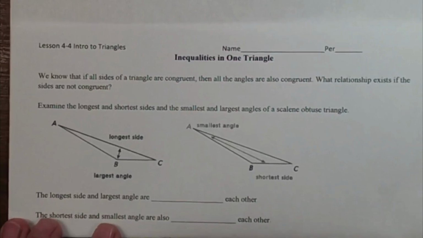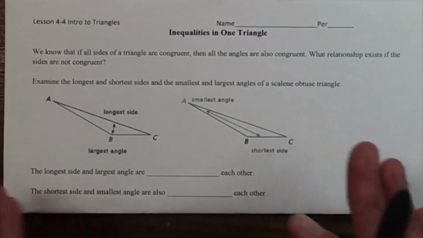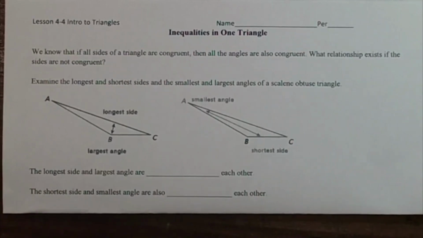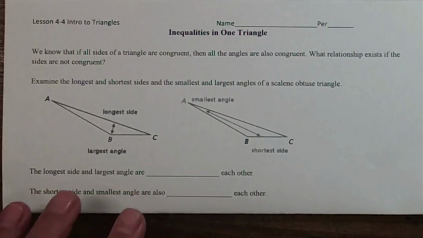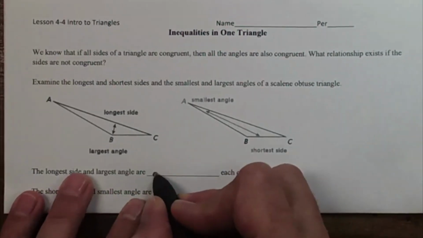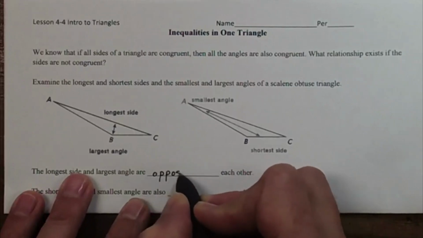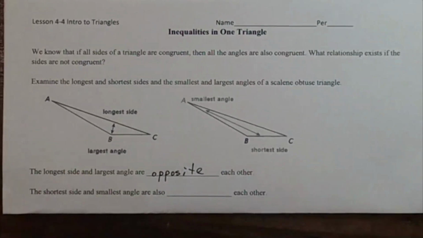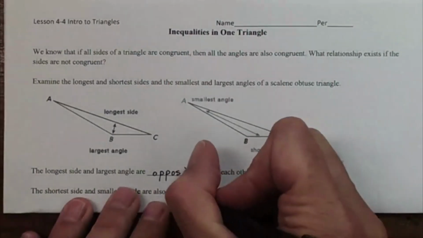So that's pretty obvious to everyone. This is why I like geometry. There's a lot of obvious things. And it's easy to remember because the longest side and the largest angle are opposite each other. The shortest side and the smallest angle are also opposite each other.